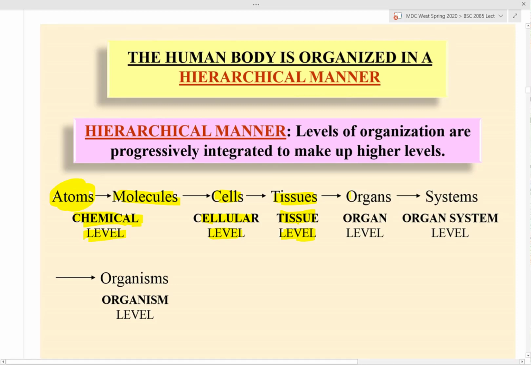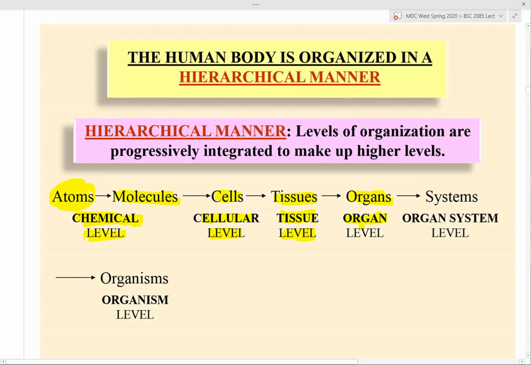Now, organs. Being able to build an organ, let's take, for example, your heart. Your heart is the organ level. Your heart is not only built by one tissue, but in your heart, mainly we said it is made out of muscle, and that is cardiac muscle. But inside the heart, you have valves, right?